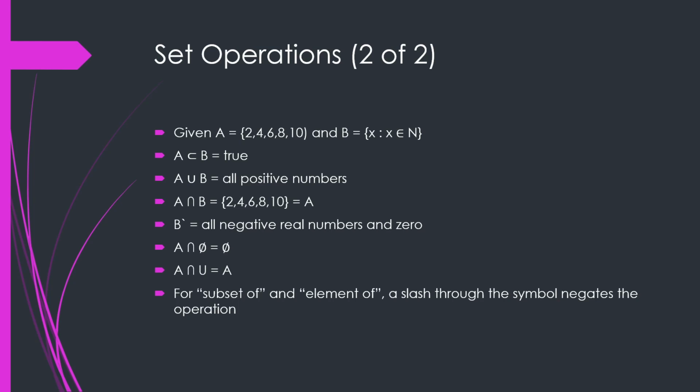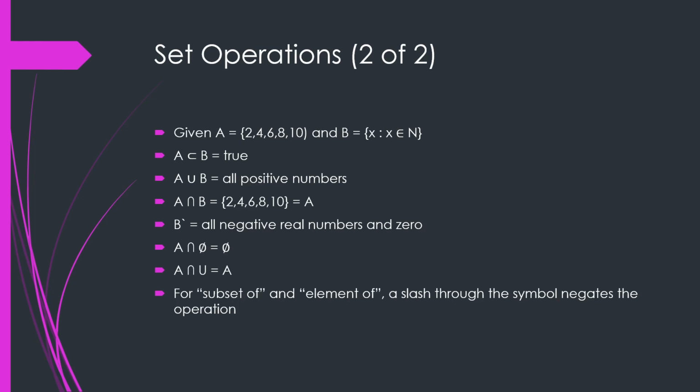B's complement is all non-natural numbers, which is all negatives, all negative real numbers. Bleh. I wrote that incorrectly. It should be all negatives, all non-whole numbers, all non-integers, and 0.